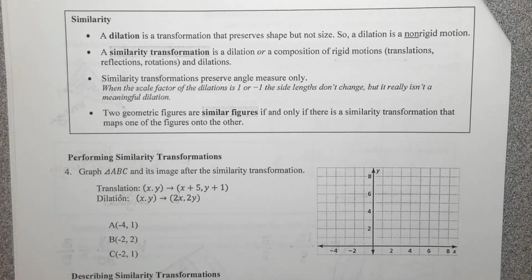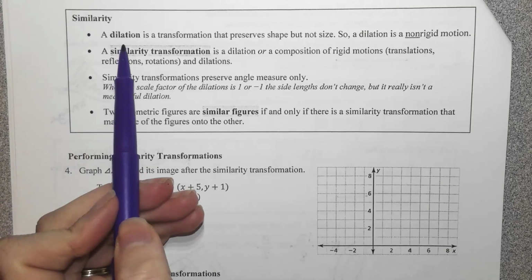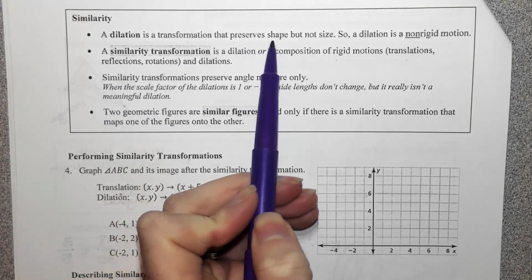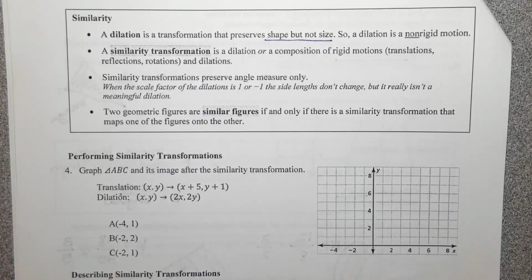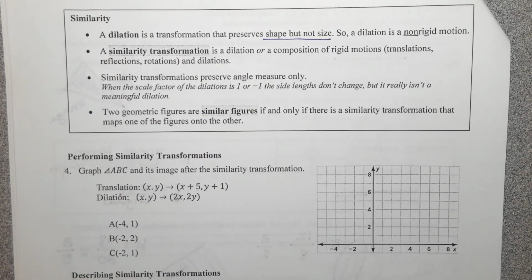Alright. So, what is a similarity? It's like when it's the same, similar. When they're similar, yes. A dilation is a transformation that preserves shape but not size. All of the other transformations we've done, the size and the shape have been preserved.